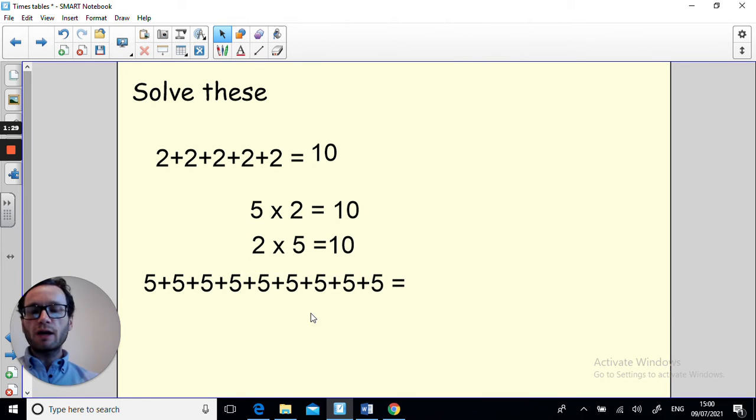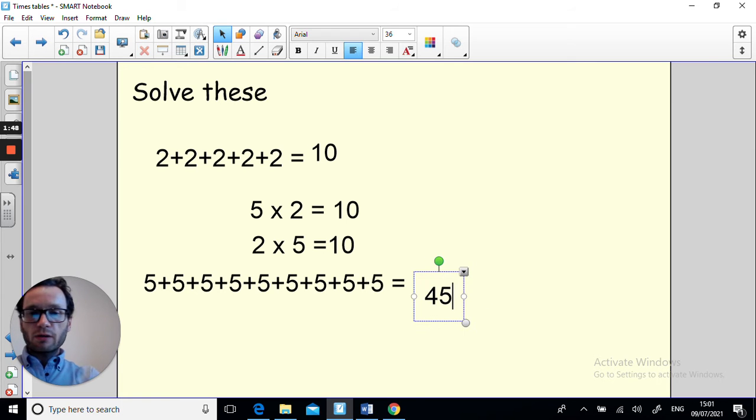Now, if you look down at the bottom calculation, again, it's better to just use our times tables. So if we count up in 5s, it goes 5, 10, 15, 20, 25, 30, 35, 40, 45.